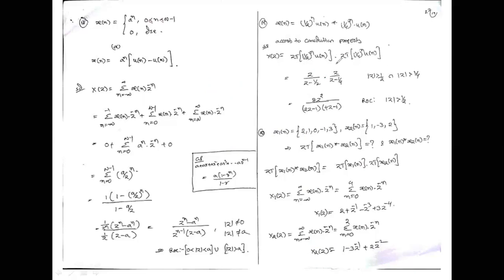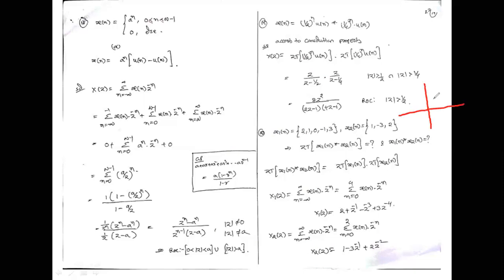Multiply these two. According to the convolution property, time domain is convolution, the frequency z domain is product. Simplify it. And what is the ROC? It is in between: z is greater than 1 by 2 and z is greater than 1 by 4. Okay, both are greater than only.